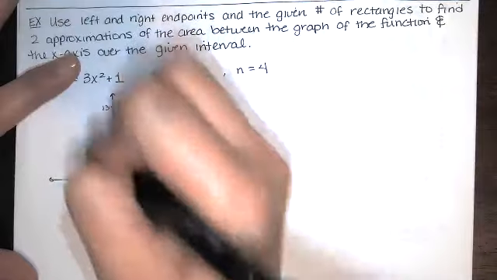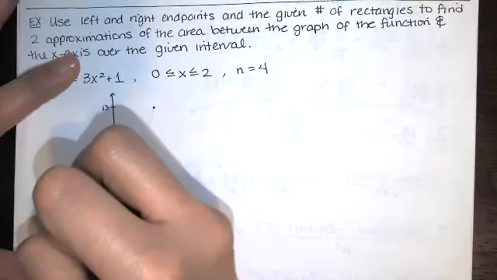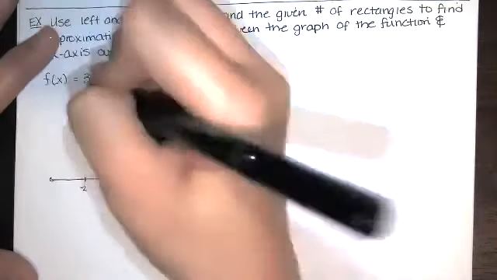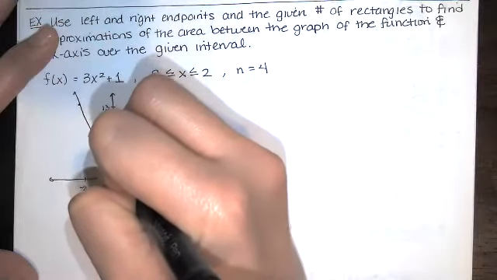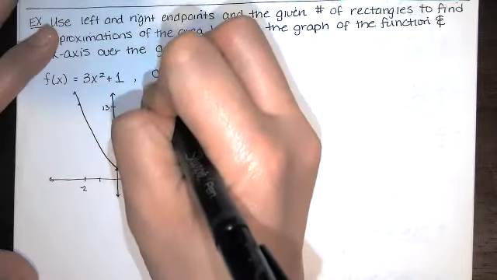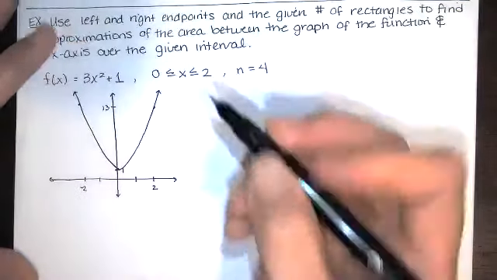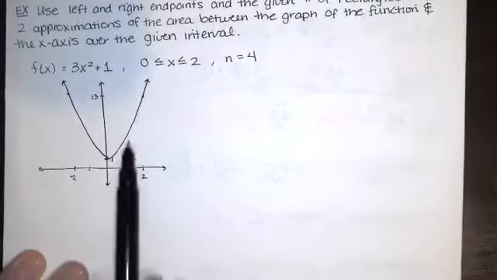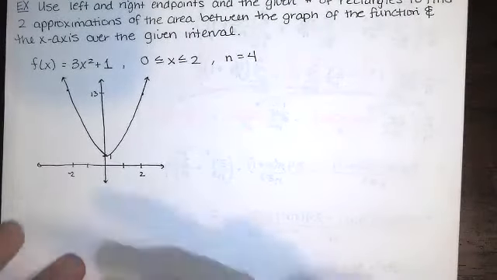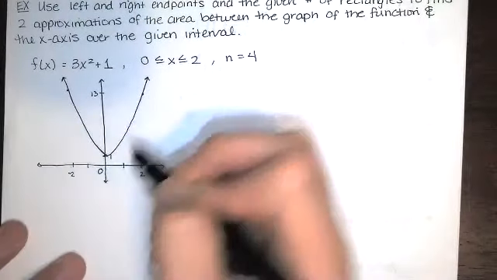And we know it's symmetric, so it's going to be 13 at -2 as well. The function looks roughly like this. And my goal is to approximate the area between this function and the x-axis on the interval from x equals 0 to x equals 2.